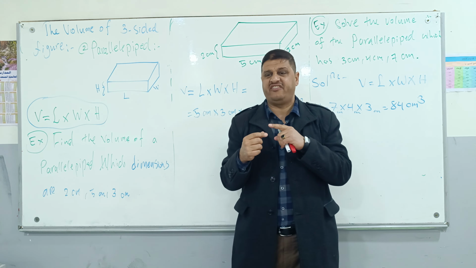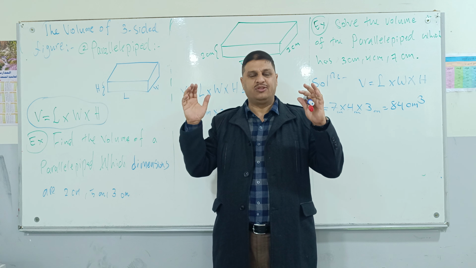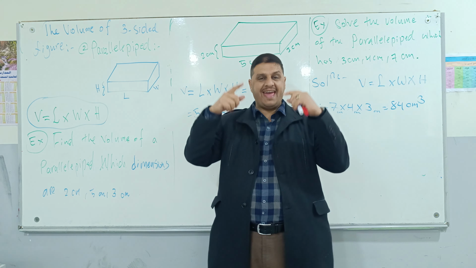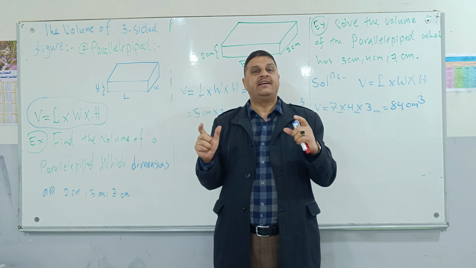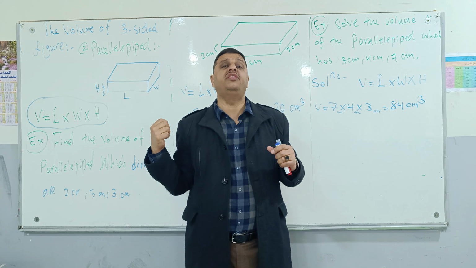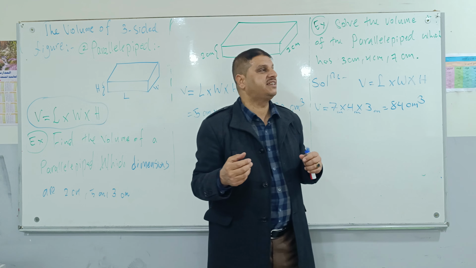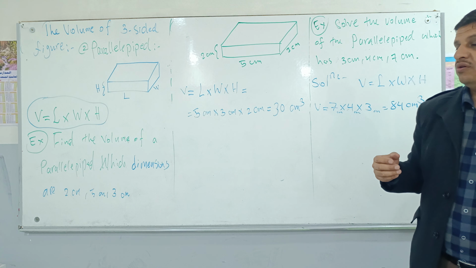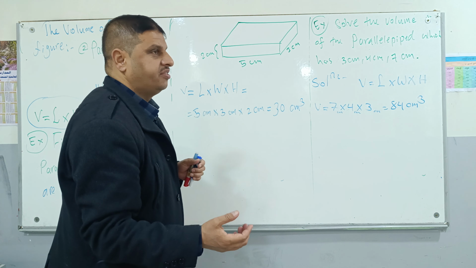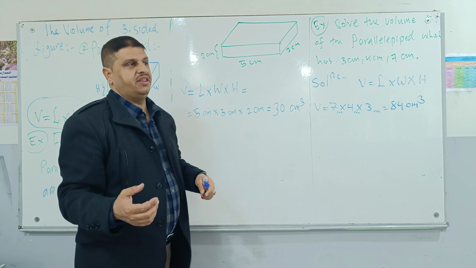Suppose he says its edge length is given. Why? It has equal edges, equal with the length. Thus he will give me 1 value in the cube, but in the parallelepiped he will give me 3 dimensions, asking me to find the volume of this shape. I will easily apply the law to find the volume of this shape. V equals length times width times height, and we will get the result.